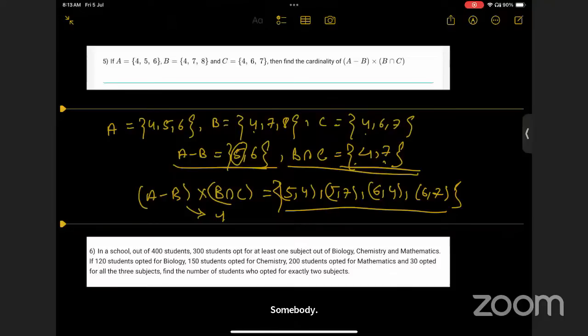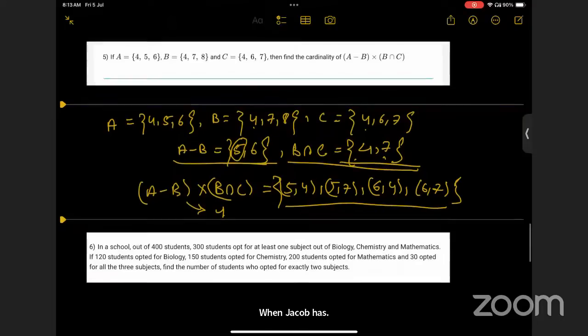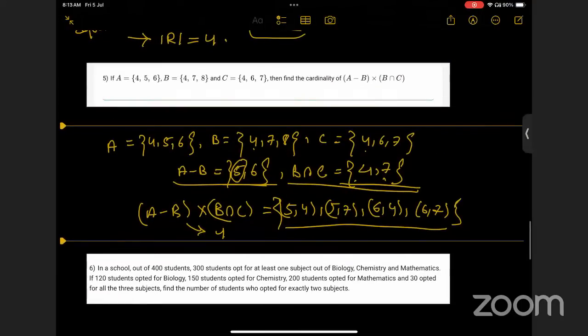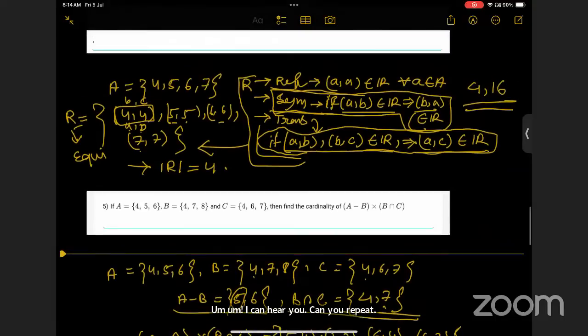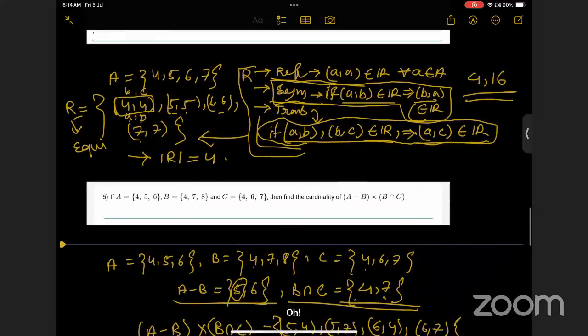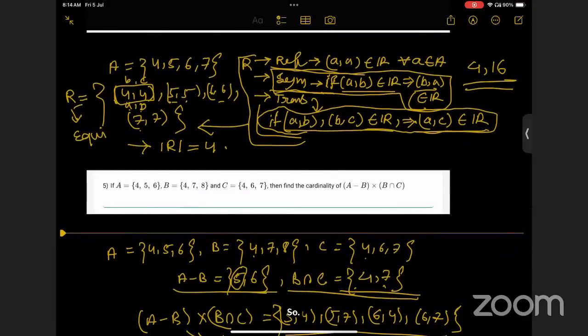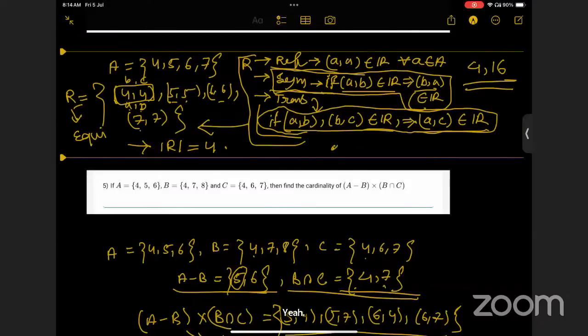I wanted to ask what is the difference between identity and reflexive. Identity relation means the elements will be related to themselves, but it's not mandatory for all the elements. And reflexive means for all the elements in A, each will be related to itself.